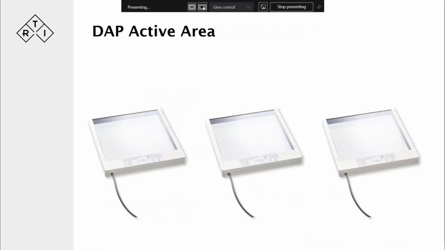We can then look at the active area and how to work that. Well, of course, if the radiation covers that part of the active area, that's fine. If we cover this much, it is going to give us also a good value.